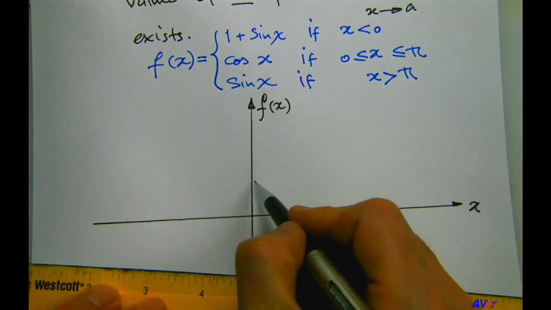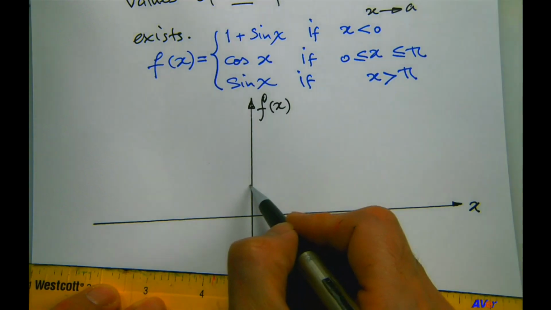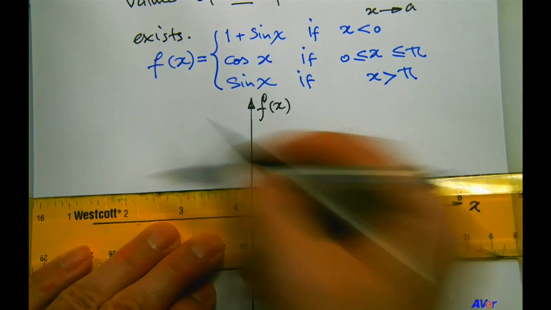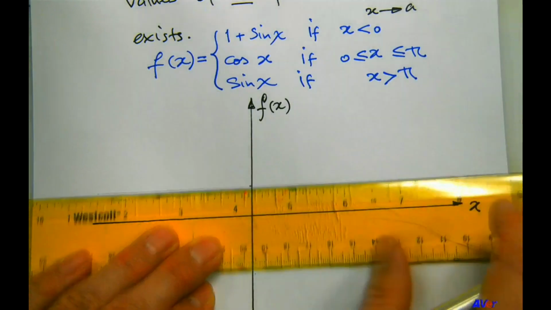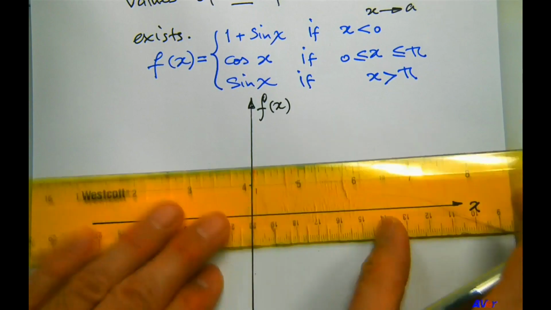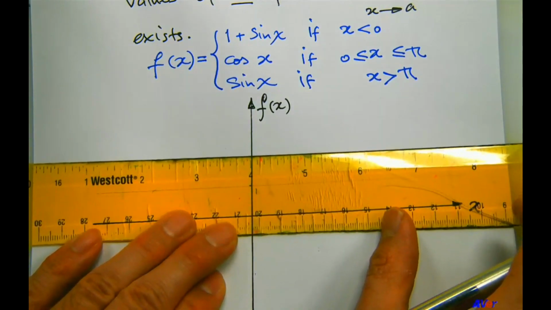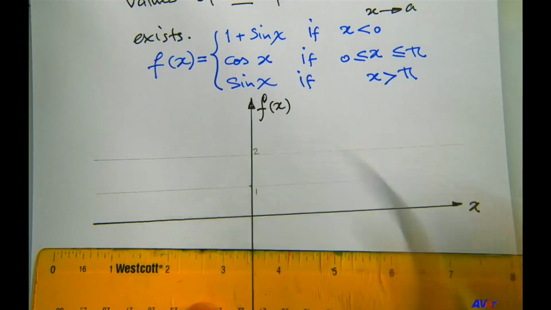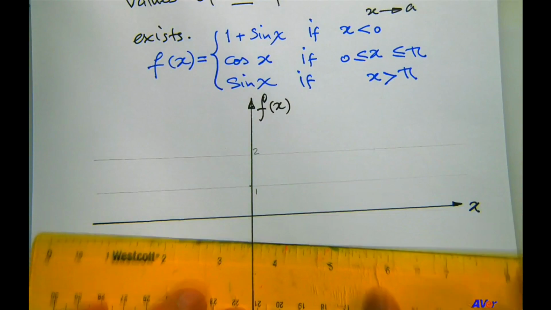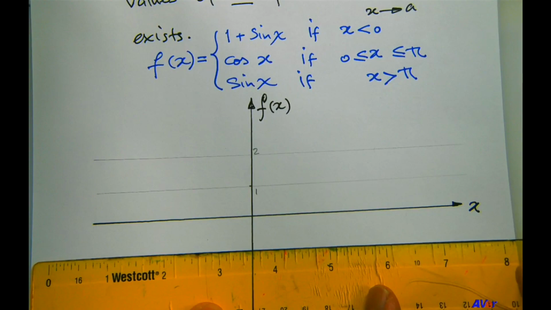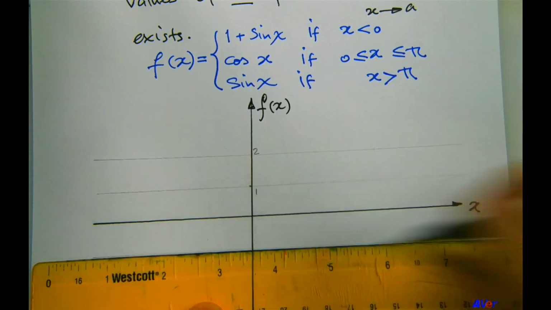I want to stay within those, because I'm not very good at keeping my lines where they ought to stay. These are very light guidelines for my graph. So that's f of x equals 1, and I'm going to draw another one on top of that. So this would be 2, so 1, 2, and then I'm going to draw in just one guideline here on the negative side of the y-axis.